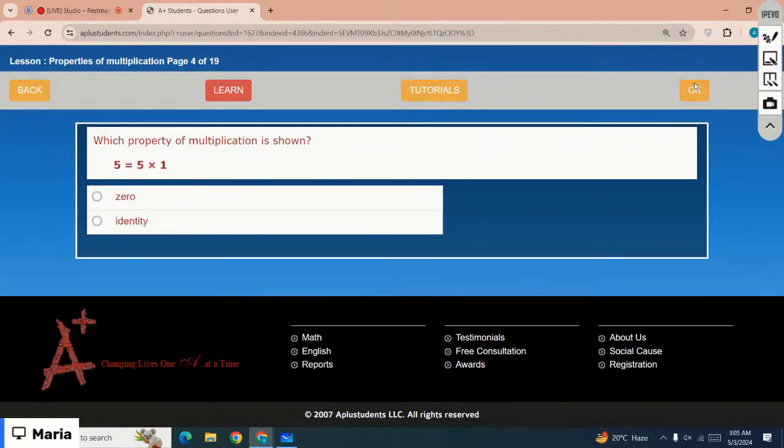Which property of multiplication is shown? Which is the correct option?